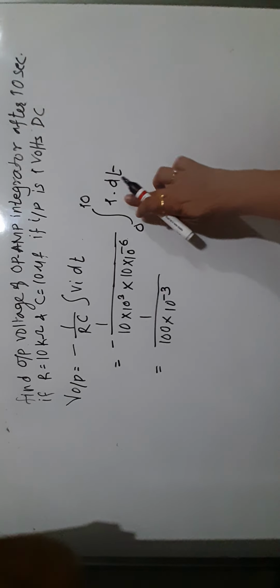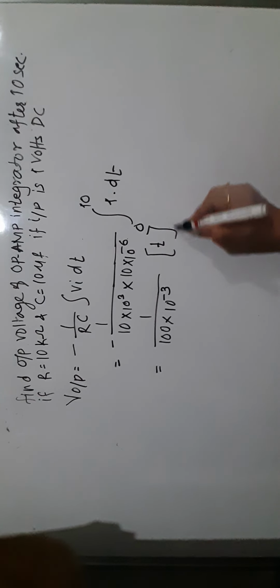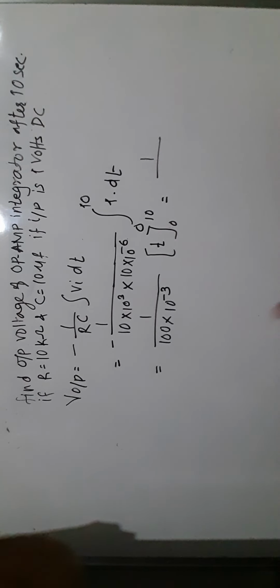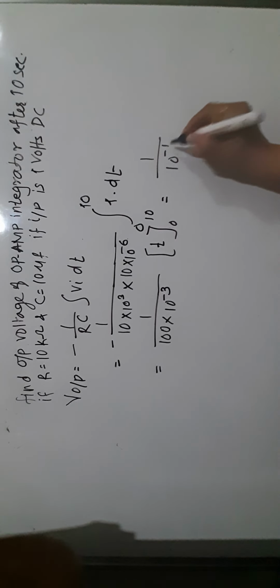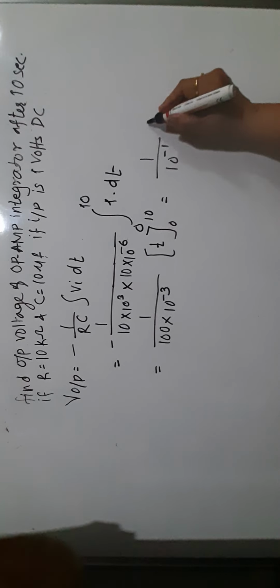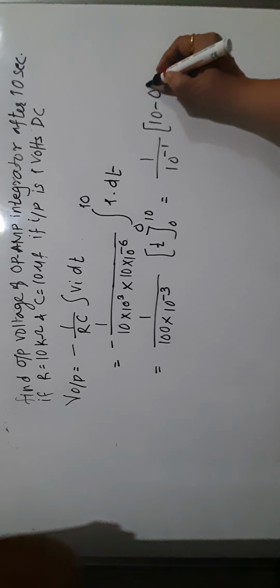Now integration of 1 dt will be t only, and 0 to 10 equal to 1 upon 100 into 10 raised to minus 3, which means it will be 10 raised to minus 1, and moving to the upper side it becomes plus 1, into 10 minus 0.